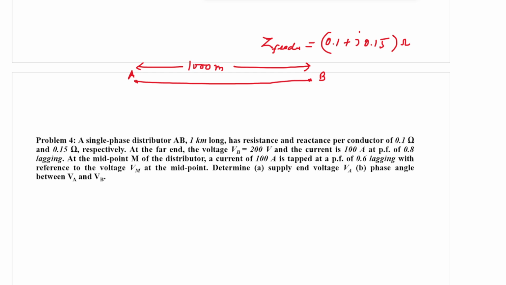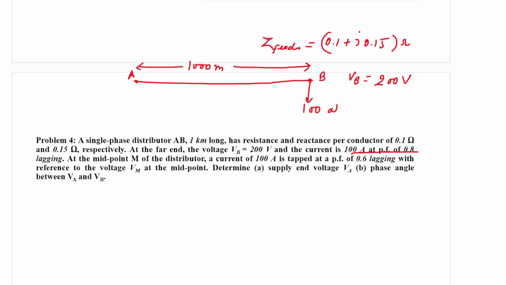Now at the far end, that means at this point, it is said that VB is equal to 200 volt, and the current tapped is 100 ampere at 0.8 power factor lagging.